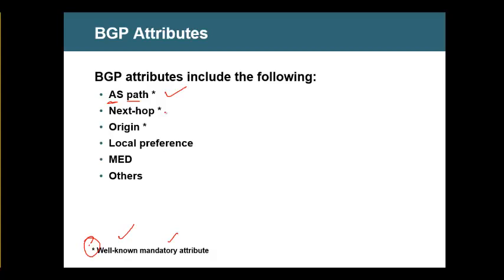Likewise, the next hop is also well known and mandatory. Next hop means which IP address is the next hop to reach the destination.